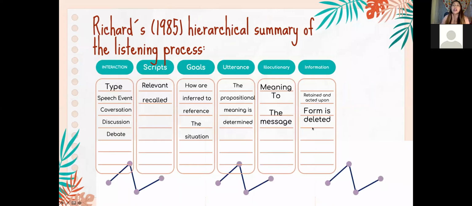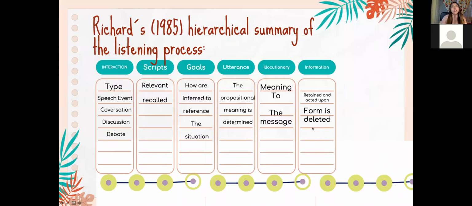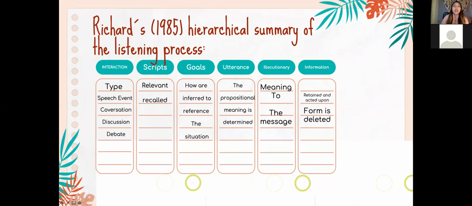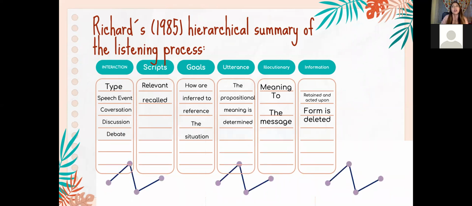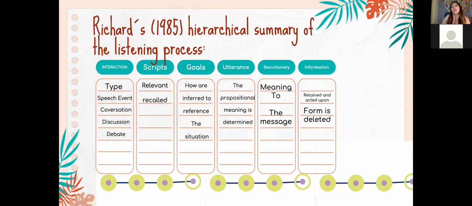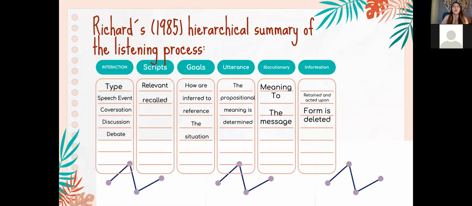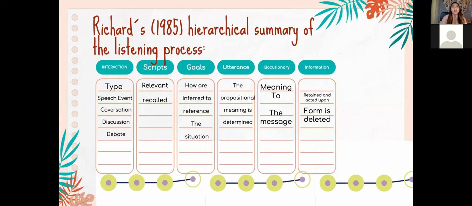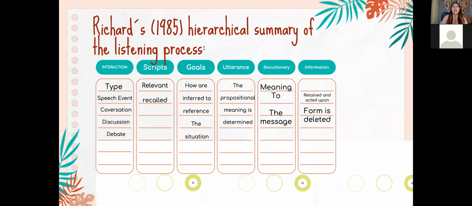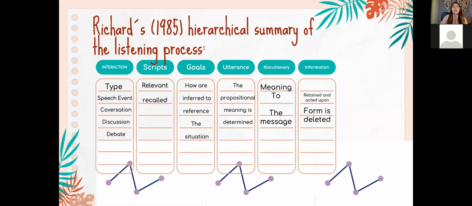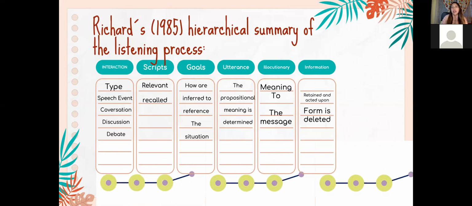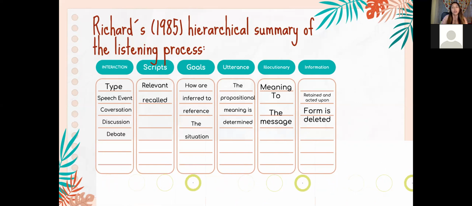Richards mentioned a hierarchical summary of the listening process: interaction, scripts, goals, utterances, illocutionary information. The first one focuses on the type of interaction and what the speech event is. The second one, the script, is what is relevant and what could be recalled.